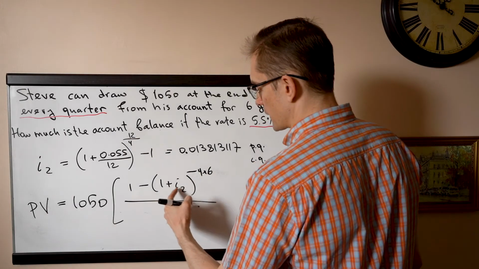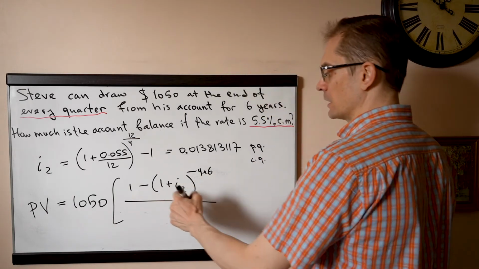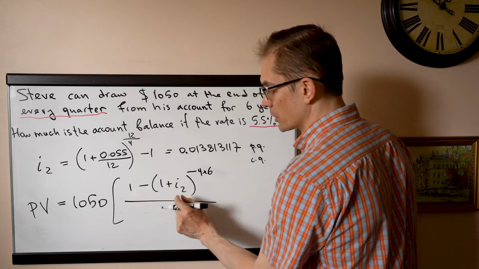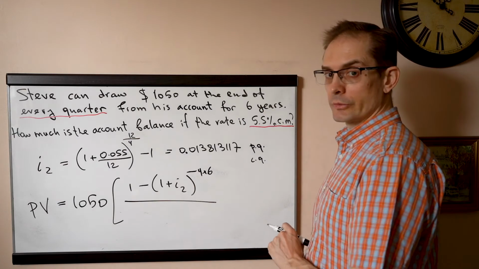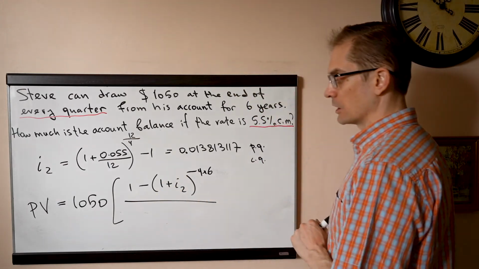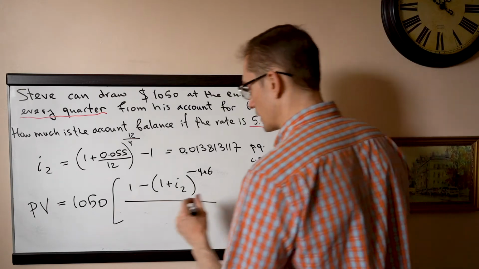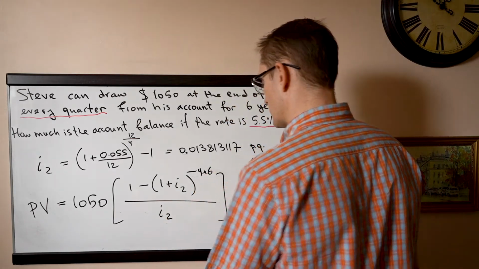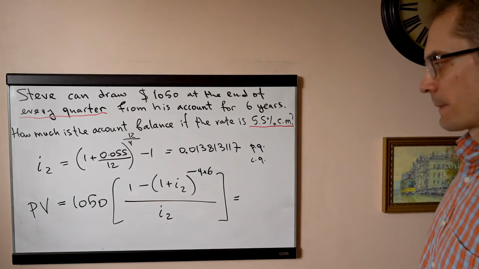Because that's already the compounded quarterly rate, and because that's already a periodic rate, you put it there in the formula as a periodic rate. Don't divide it by 4, okay? And then you divide by I2. So let's calculate this.